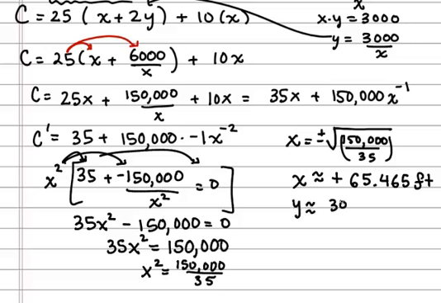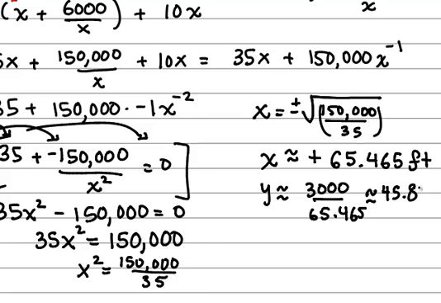Therefore, by plugging this value back into our equation above, we get 3,000 over 65.465, which gives us a y dimension of 45.826. Now we need to be able to verify whether we have a max or a min for our critical point.